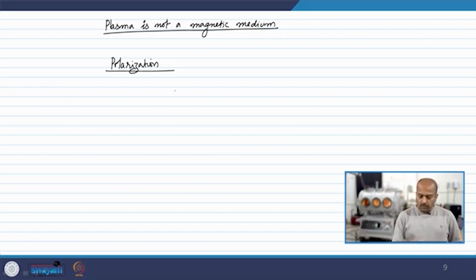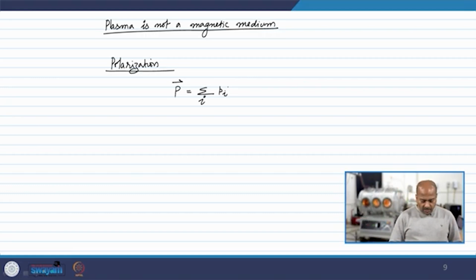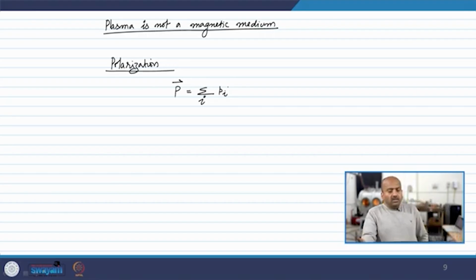You define this vector P as the sum of individual dipole moments, sum over i of P_i. What is an electric dipole? Plus and minus charges separated by a distance constitute a simple electric dipole, right. So, when you have an externally applied electric field, these small electric dipoles will be created, and this will lead to a charge density which is called bound charge density.